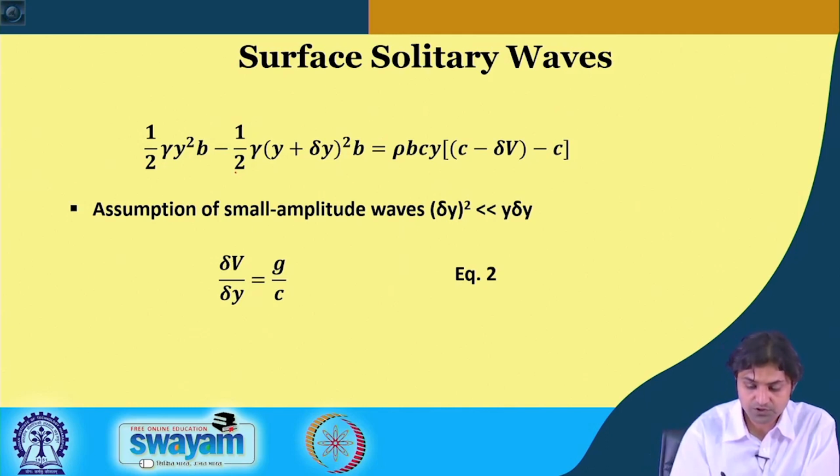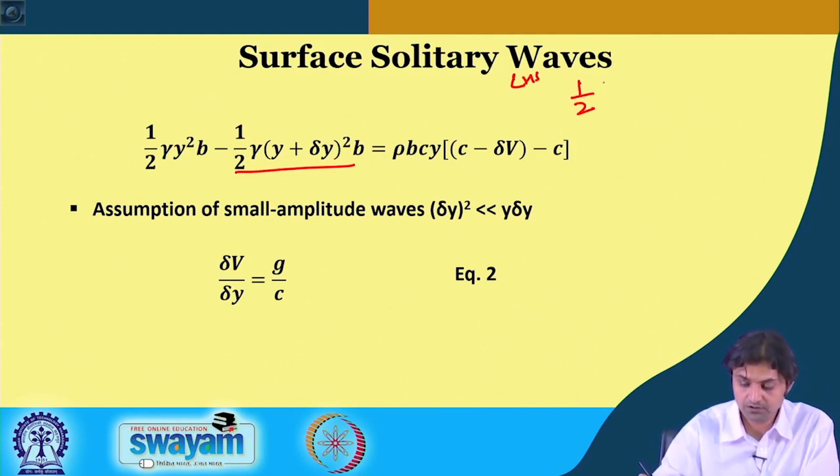So, if we put this and solve, we look at this term. If we take half, gamma and b common, the left hand side will be half gamma b times y square minus (y plus delta y) whole square.